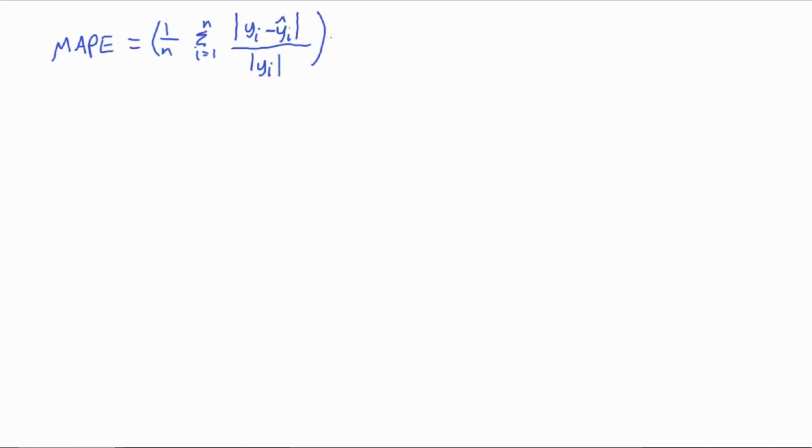And then this whole thing is multiplied by 100 to give you a percentage. If you're not mathematically inclined, this is simply the average of the absolute value of your actual values minus your predicted values, divided by the absolute value of your actuals.